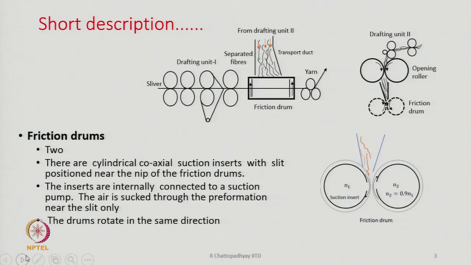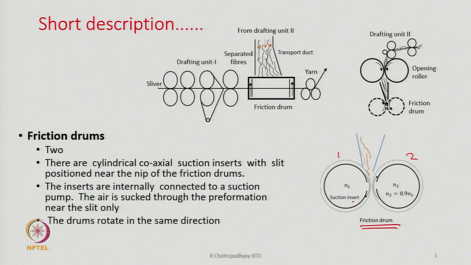On this side of the diagram there are two friction drums, drum number 1 and drum number 2. The friction drum surface is perforated, so there are lots of perforations on it, and there are two suction inserts here.